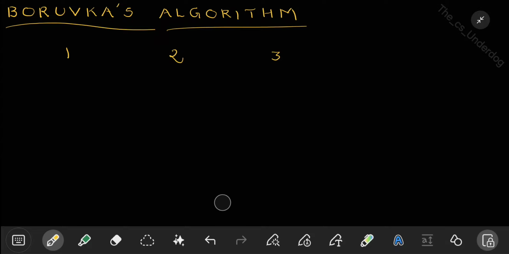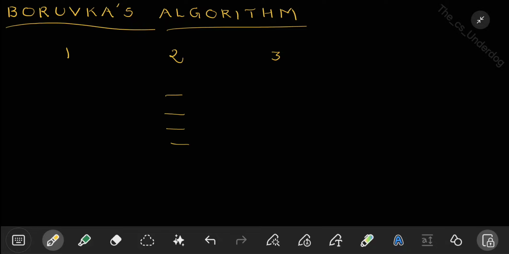In each phase, it is going to find the minimum weighted edge that is going out of each of the components that are presently formed. That is, let us say in the second phase, you have these many components.